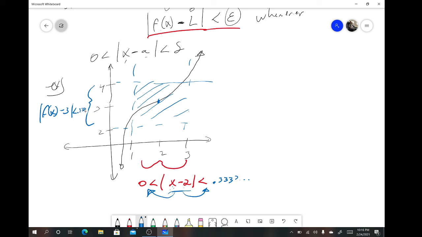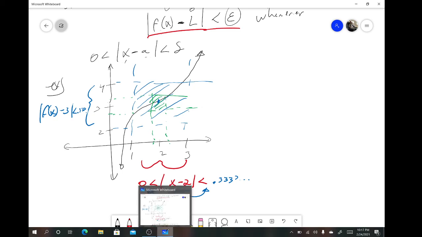If somebody gave you this epsilon, now you want to make this distance even smaller. So that just means that instead of being 1 unit away, now you're going to be a third away. So now you're going to be between here and here on that axis, and now between here and here on this axis. So now you're looking at the neighborhood that's in green.